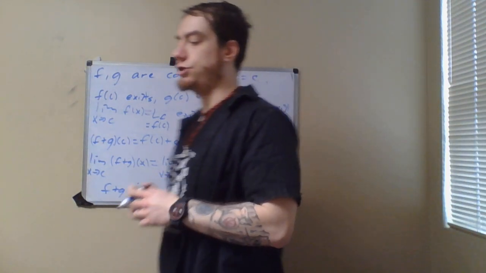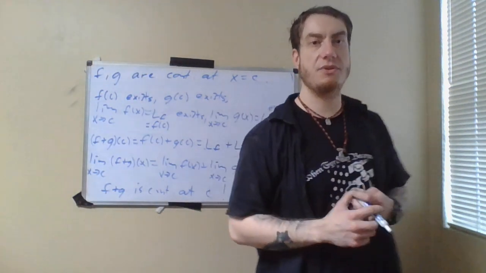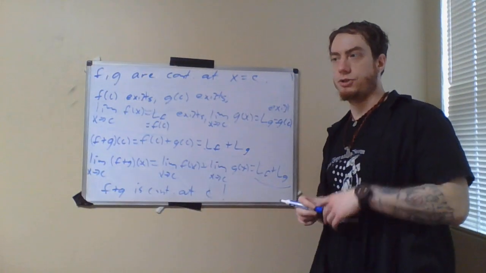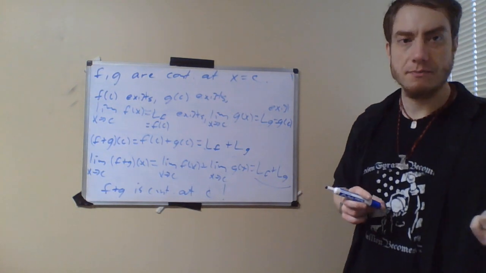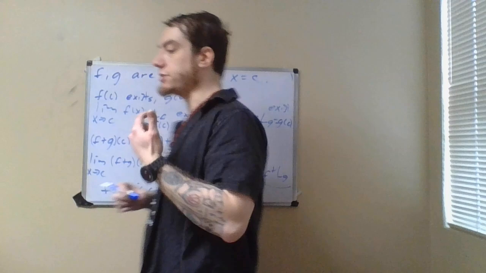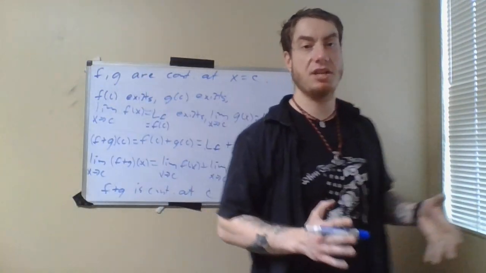And to see this, just consider for a moment, what if f and g were the same function? And what if they're not continuous? Or rather I should say, what if g is negative f? Then f plus g would be 0 and continuous everywhere, whether f is continuous or not.